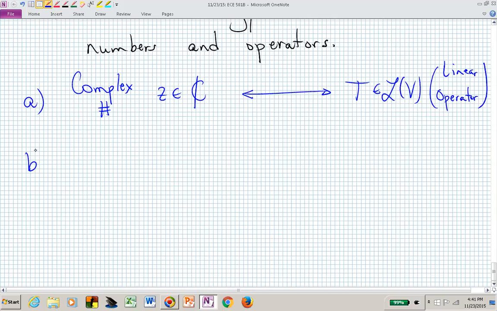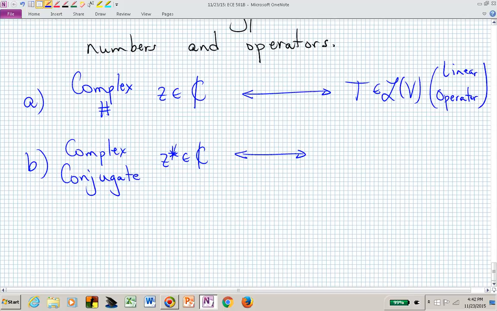What if we now looked at the complex conjugate? If we've now established this analogy for A, that a complex number is analogous to just a generic linear operator on a vector space, if we now looked at the complex conjugate, Z star, what did we say that was analogous to?